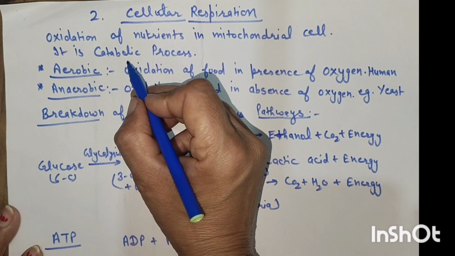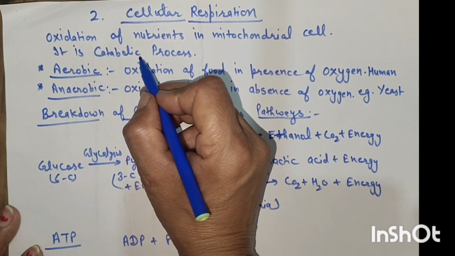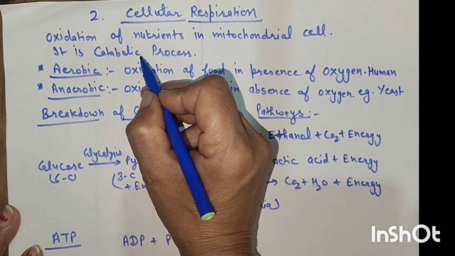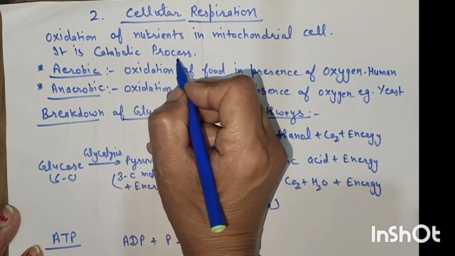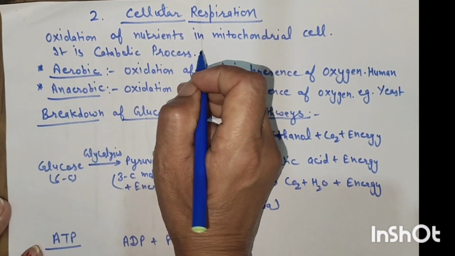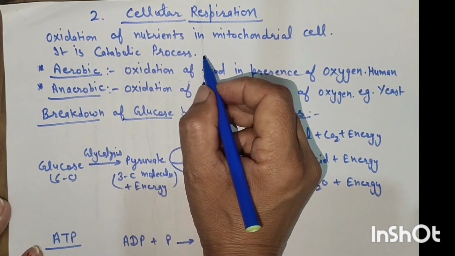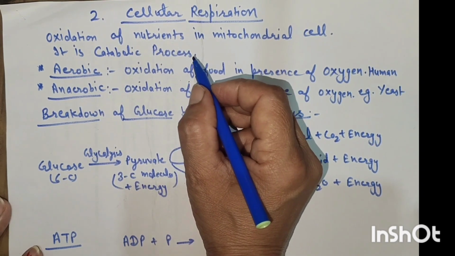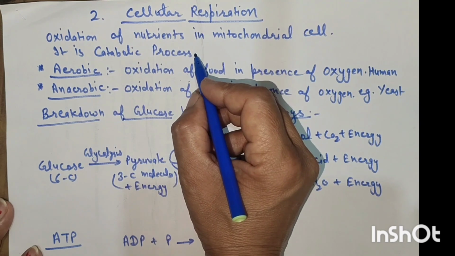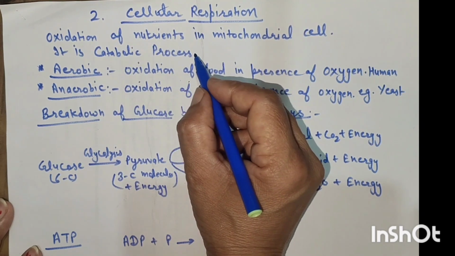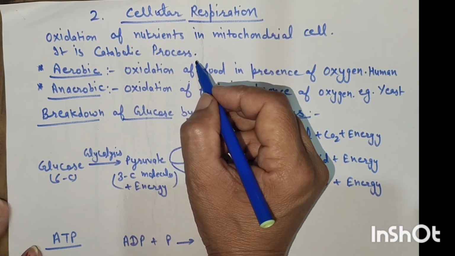It is the catabolic process. Catabolic process means breakdown of the nutrients or glucose into simple substances. Our body completes two processes, metabolic process and catabolic process. Metabolic process means synthesis of various compounds, and catabolic process means breakdown of various compounds.